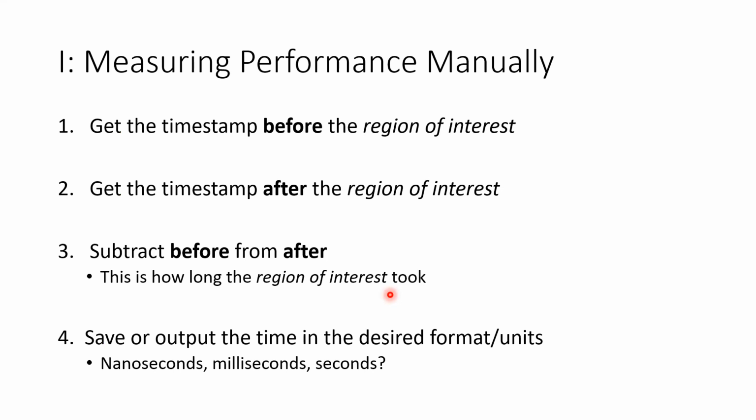The first method, manually measuring the performance, works by first getting the timestamp before your region of interest, then getting the timestamp after the region of interest, and you subtract them. So you will get the actual time passed. Then you can save or output the time in your desired format, like seconds, milliseconds, or nanoseconds.